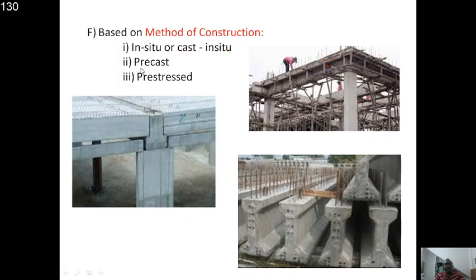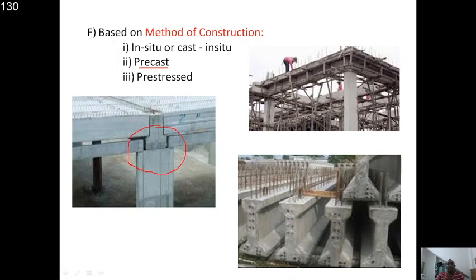And precast means we make the concrete at an industry, not at the site, and we make those into pieces of certain lengths, and we have some fixing arrangement, and we bring all those individual parts to the site. You see here, all are separated, they are not combined.